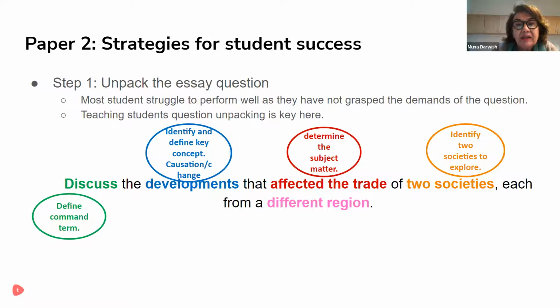For a development that affected the trade of two societies, this is a medieval option, we can choose to talk about Italian trade among city-states and Fatimid trade, because they overlapped at a certain period of time, or they have a historical affinity to each other. And then, as I have said, choose each society from a different region.